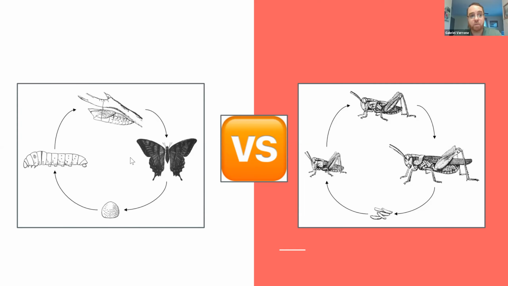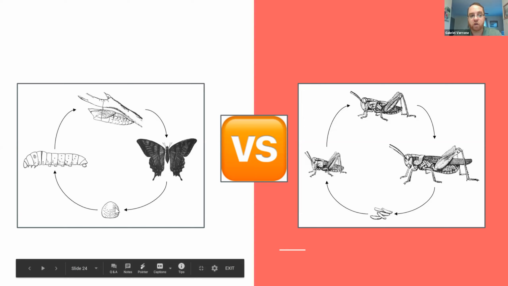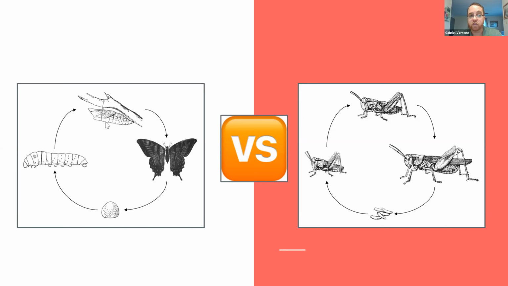Fantastic. And if you remember, right, here for complete, we go from the egg to the larva to the pupa, and then it emerges as an adult, right? But the difference, we have an egg, we have a larva, but it never becomes a pupa because the pupal stage is missing. As you said, the metamorphosizing is not present. So can you do me a favor?